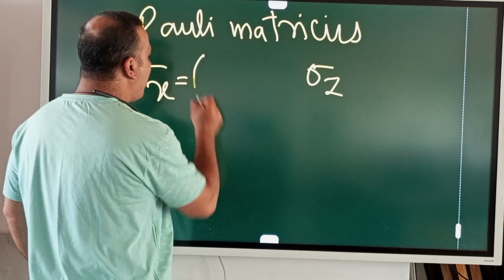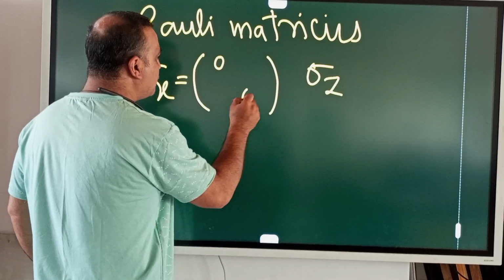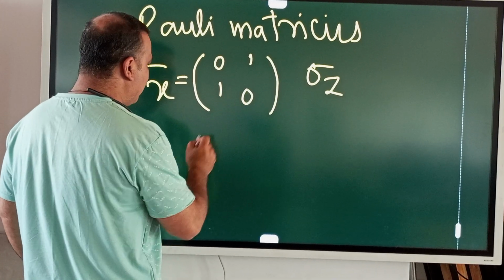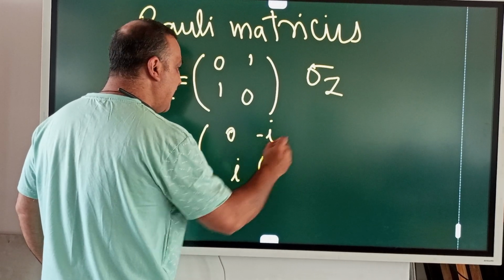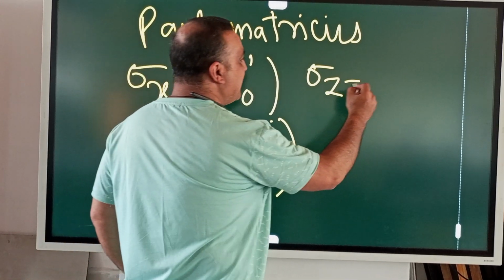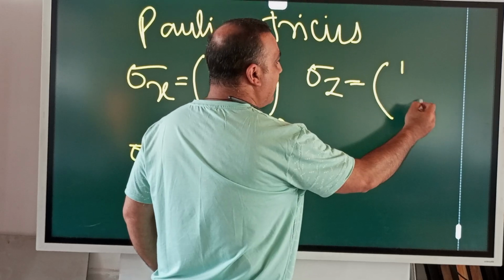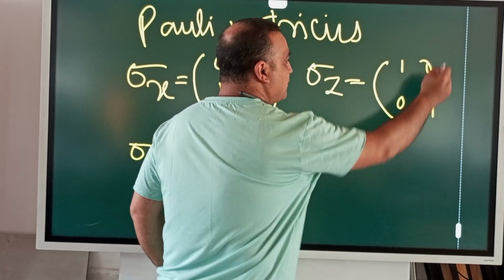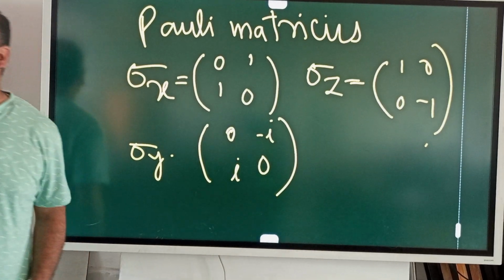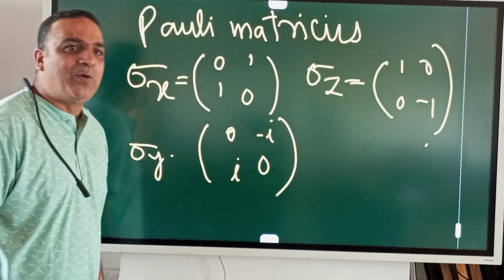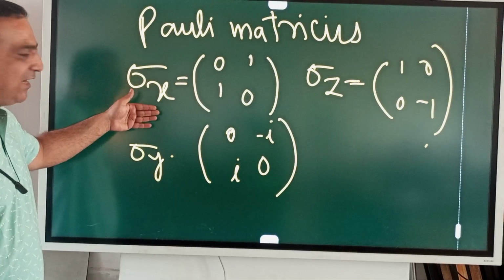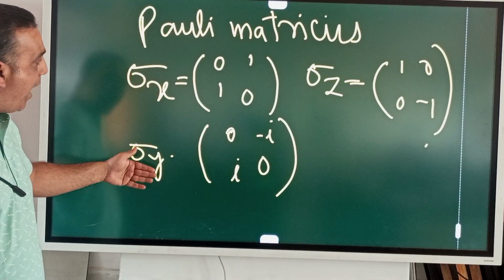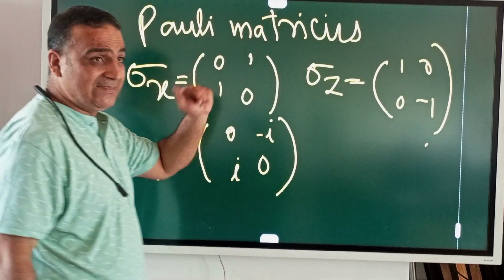Now sigma x is 0, 1, 1, 0. Sigma y is 0, minus i, i, 0. And sigma z is 1, 0, 0, minus 1. Right? These are our Pauli spin matrices.